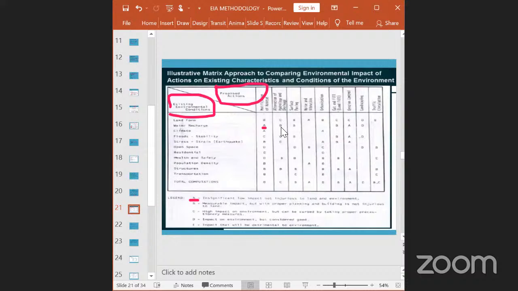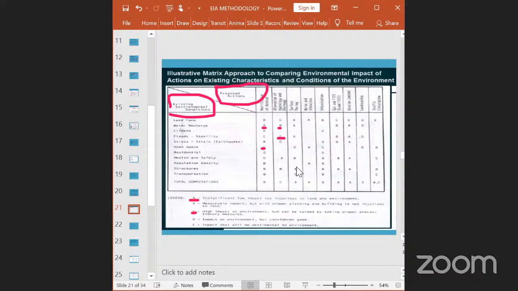And next, the B letter is representing the measurable impact, but with proper planning and building is not injurious to land, right? And then next, this C letter is denoting the high impact on the environment. And then next D. D is impact on the environment, but considered good.